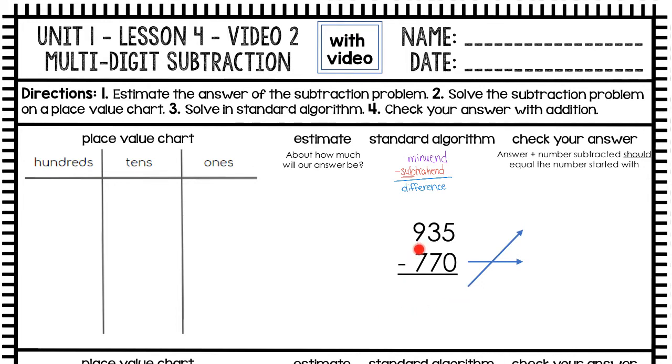And we're looking for the difference. Our first problem is 935 minus 770. And this line is again the equal sign. Per the directions, we are first going to estimate our answer. 935 is about 950, and 770 is about 800.